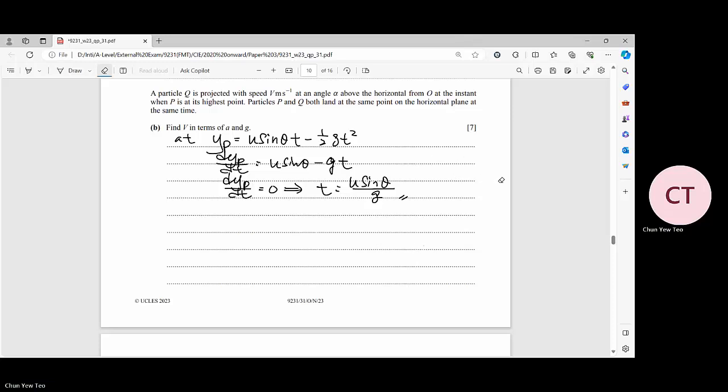Then for the distance, I need to know the distance as well. XP is equal to u cos theta T. So if we double the time, the range is 2 times the time.